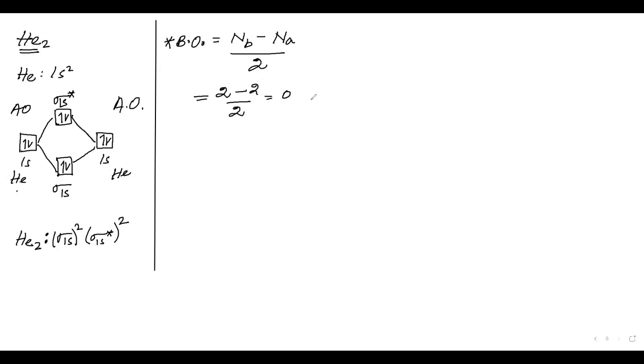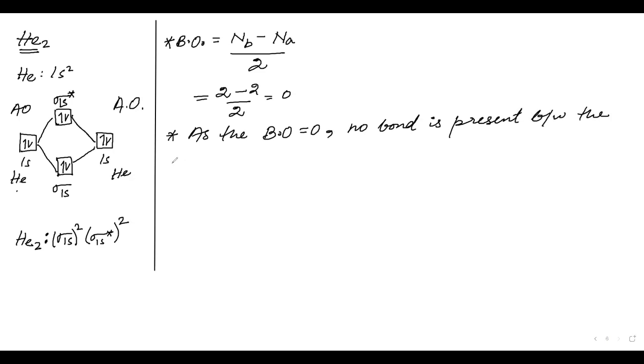Now, if it is 0, that means there is no bond present between the two He atoms. Hence we can conclude the bond order is equal to 0. If there is no bond, that means this molecule doesn't exist.